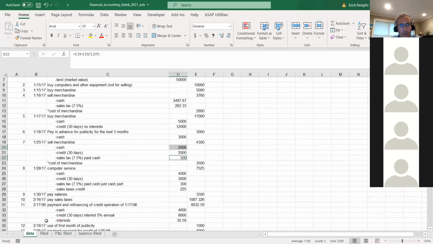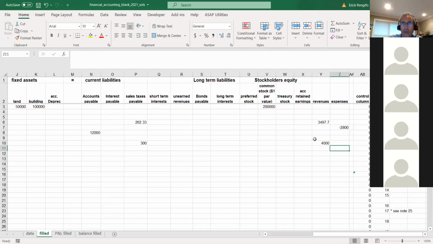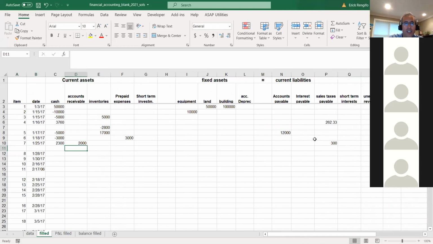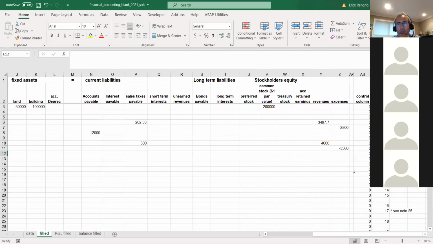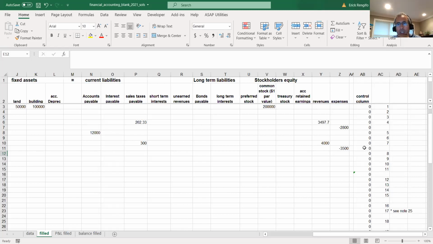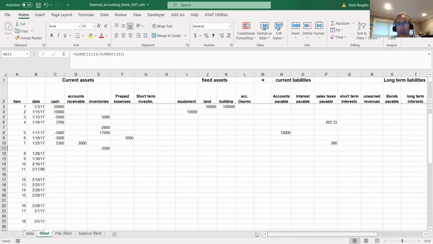How much money did I pay for this merchandise? 3,500. So it's minus 3,500. And what this does is simply reduce my inventories by 3,500. Do you agree or not? Guys, agree or not? Agreed. Okay, perfect. And we need to check our balances, our controls. Yes, we are at 0. Perfect. So we are done with number 7.